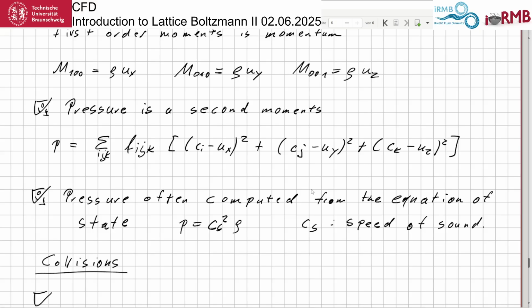However, there is a catch, namely that some parts that appear in this are actually of higher order than would be necessary for the Navier-Stokes equation, or at least for the incompressible Navier-Stokes equation, meaning that this is not uniquely the pressure.